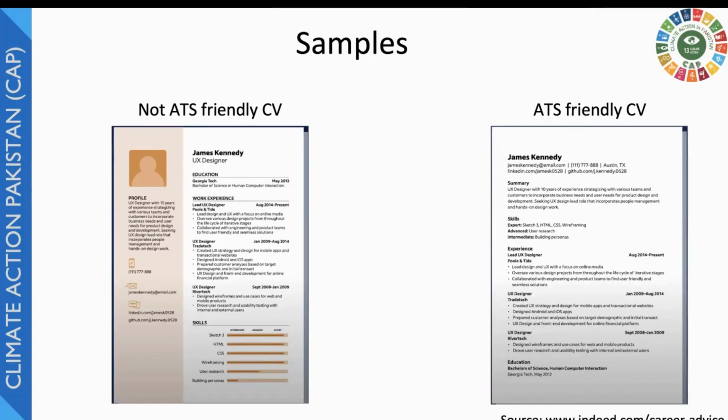When you look at the skills, there are some infographics in bar format, so ATS software cannot understand what this bar means. A human can understand that if you have a skill written like HTML or CSS, you have expert level in that skill, but ATS software cannot understand what you mean by this bar. So you should have a plain CV, separated in sections and clearly written in a good, simple way.